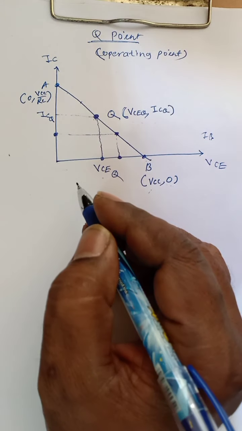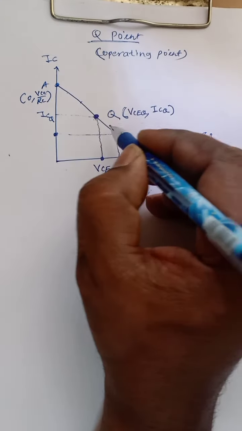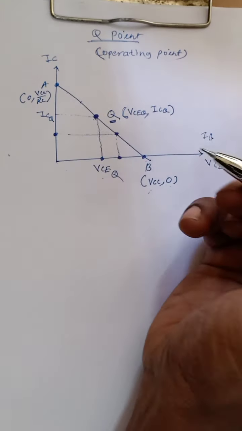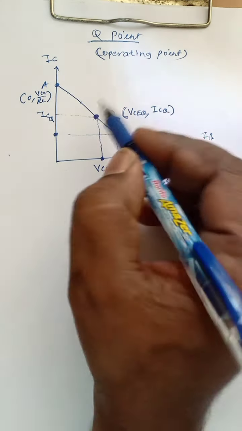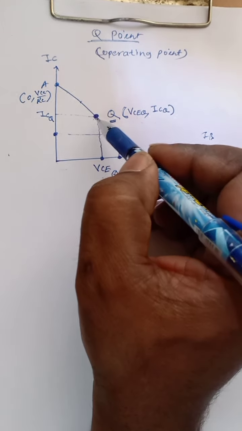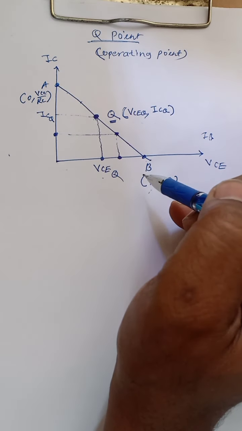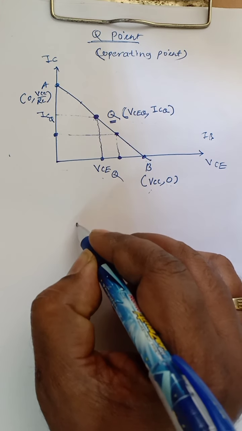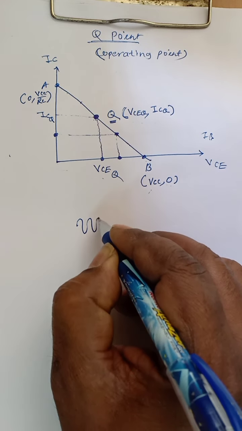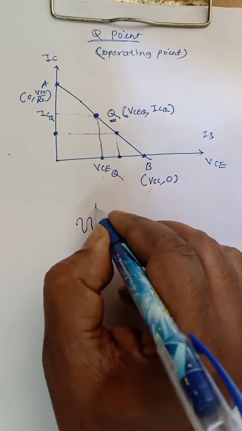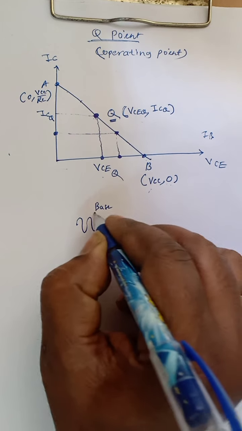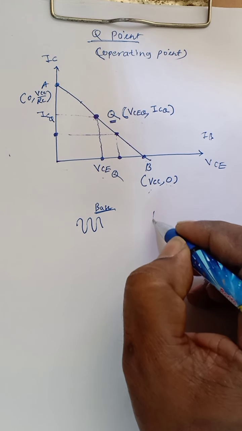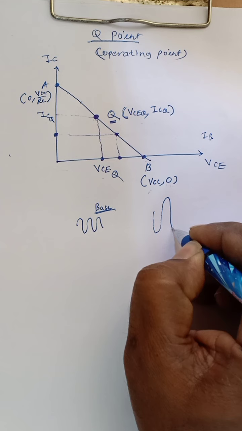So we are going to see how the Q point is always maintained at the center of the DC load line. If the Q point shifts up or down, it gives a distortion at the output. That means if we apply a sine waveform for amplification to the base of a transistor, you get an amplified waveform at the output.